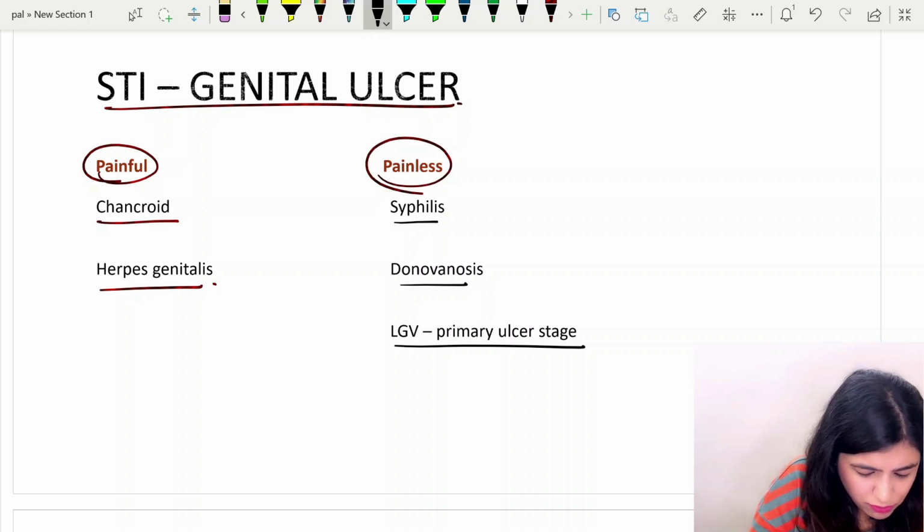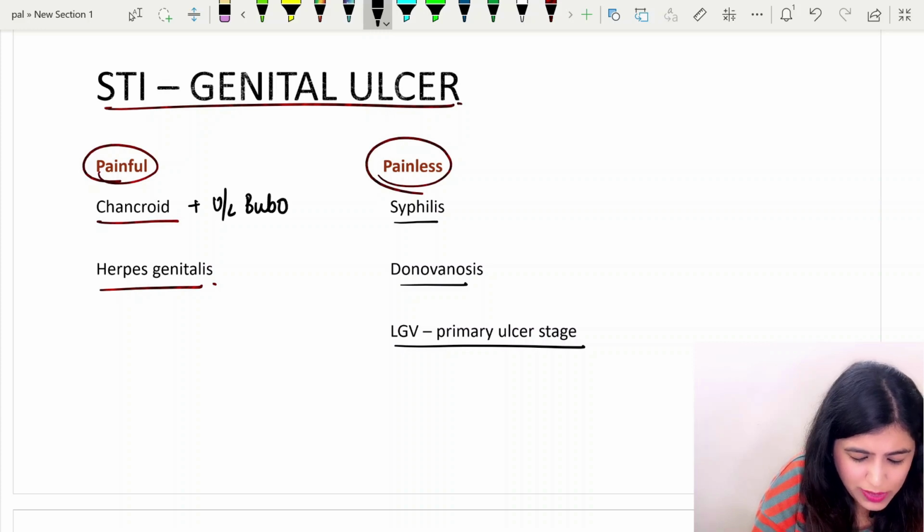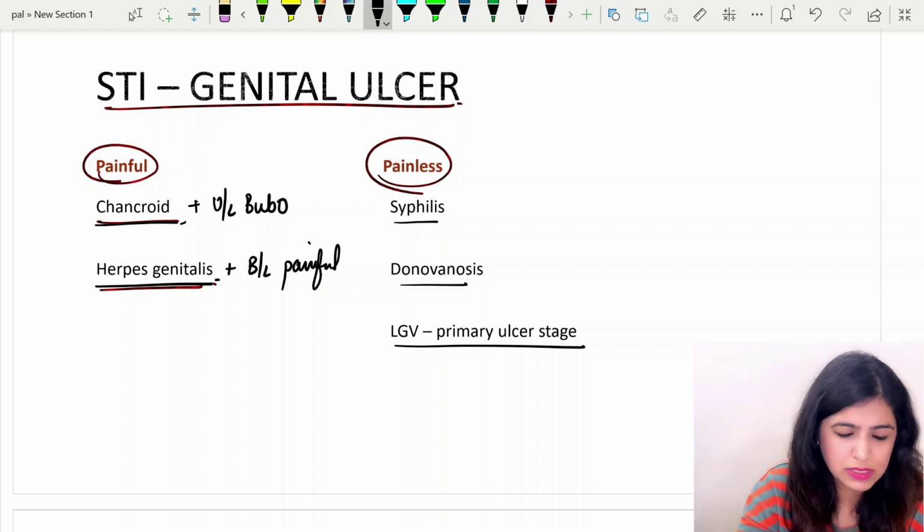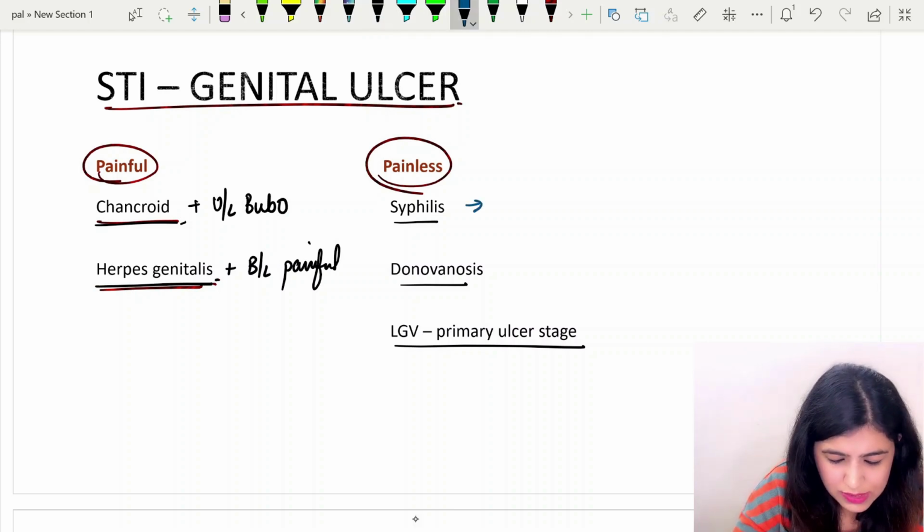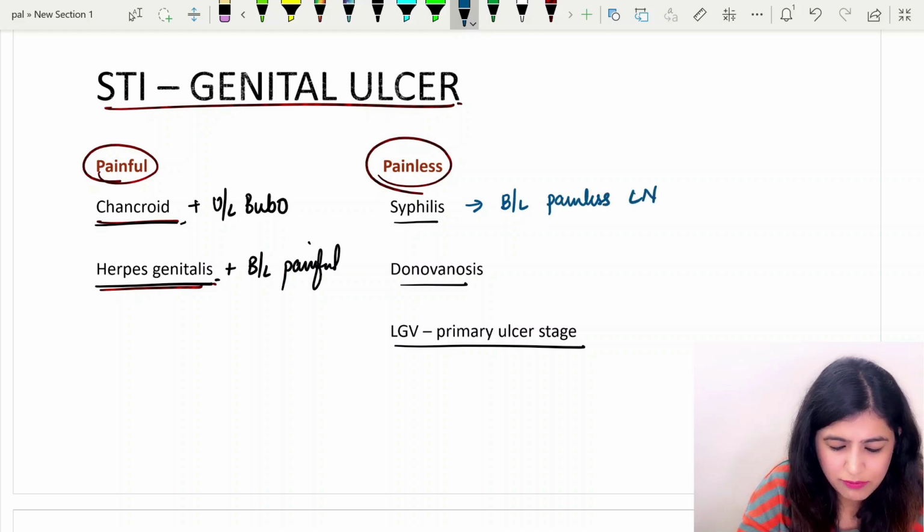Now, if a painful ulcer with a unilateral suppurative inguinal lymphadenopathy, it has to be chancroid. If it is with bilateral painful inguinal lymphadenopathy, herpes genitalis. Syphilis has bilateral painless inguinal lymph nodes with a painless ulcer.